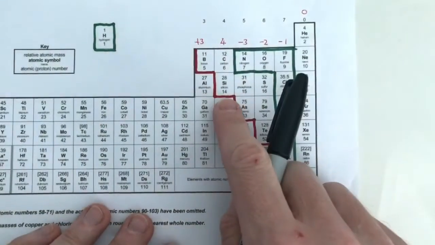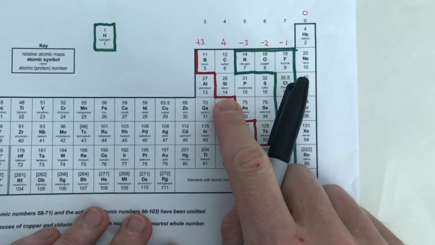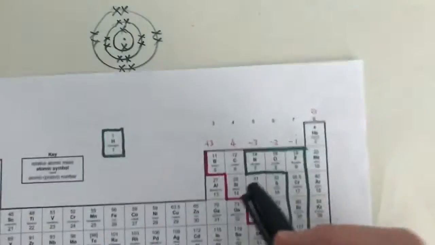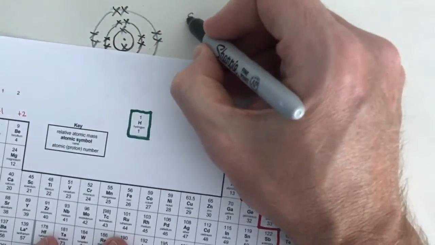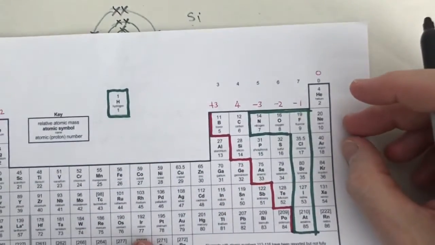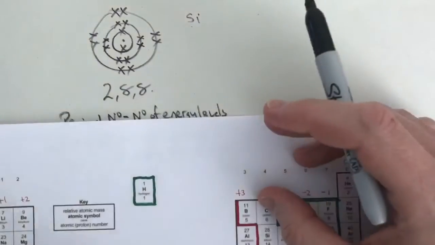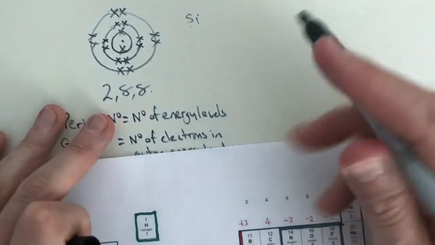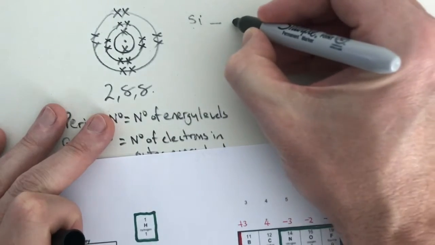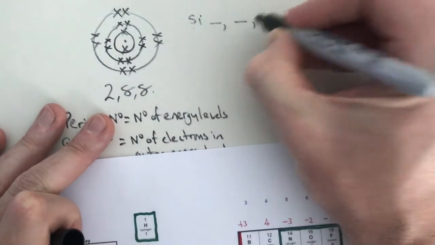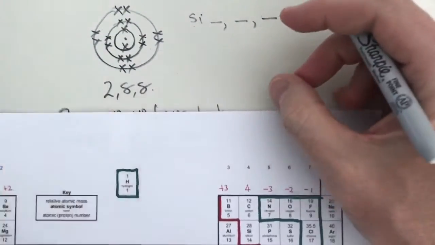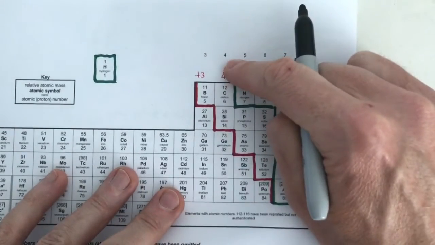I'm just going to pick here on silicon. Let me just write silicon down so we know we're dealing with silicon. I can see from here that silicon is in the third period. Because it's in the third period, it means it needs to have 3 energy levels. I can see that silicon is in group 4.